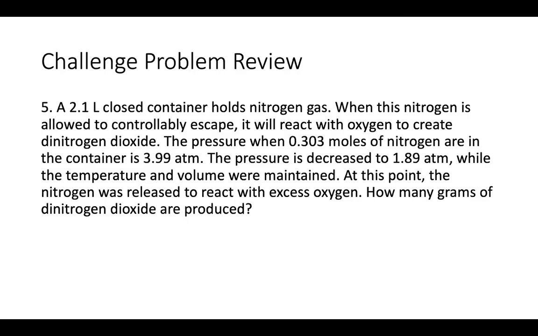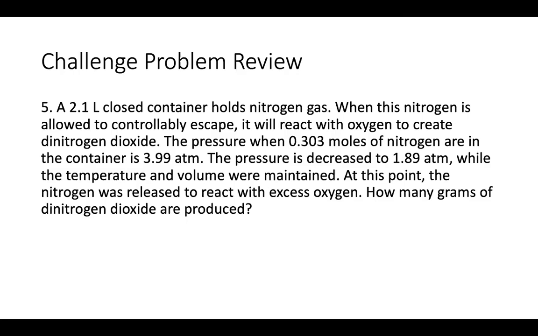Okay, so number 5, I tried to combine a before and after change problem with a stoichiometry problem. So it's kind of a bizarre one, but you guys have the ability to do it. We're told that we have a container that's 2.1 liters with nitrogen gas, and it's allowed to leave at a certain point, but when it leaves, it reacts with oxygen to make dinitrogen dioxide.